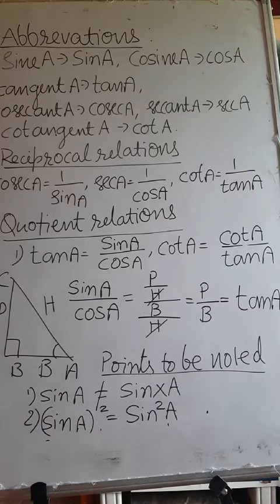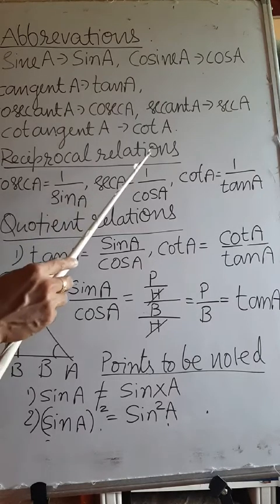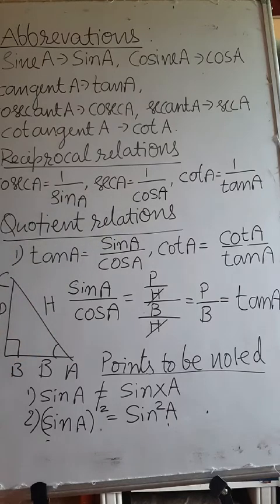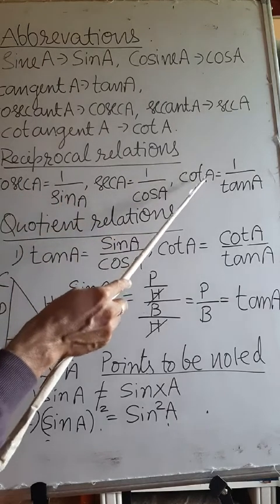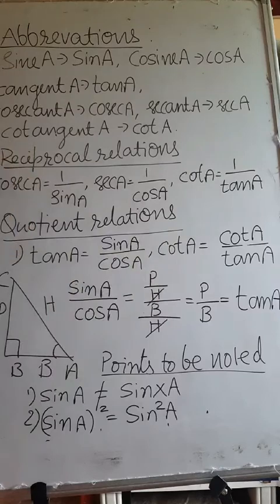There is a relation between cosecant A and sin A. Cosecant A is the reciprocal of sin A. Similarly, secant A is the reciprocal of cos A. Similarly, cot A is the reciprocal of tan A. These are the reciprocal relations.